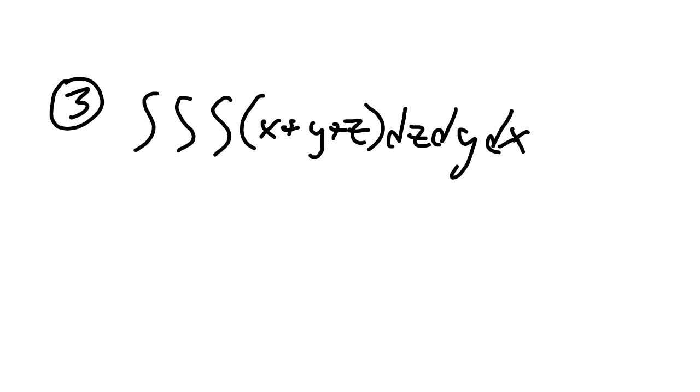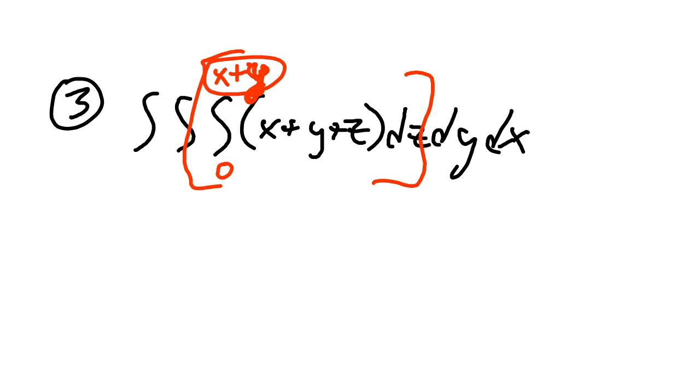The z's go from 0 to x plus y. Notice that z ranges from 0 to x plus y. So z is a function of x and y for both of them, actually. So we're going to figure this one out first.